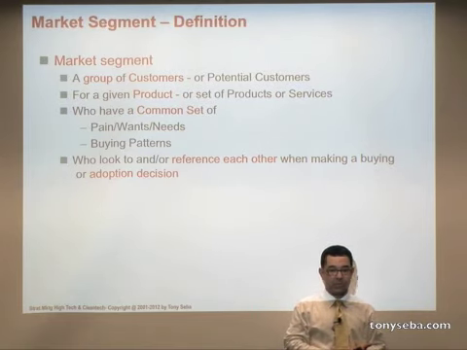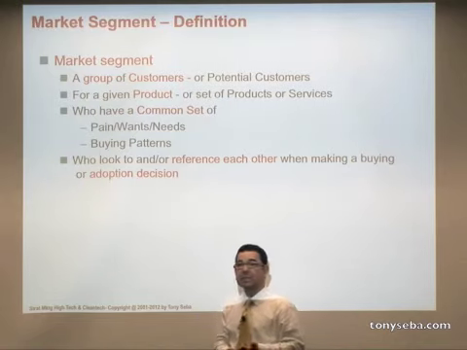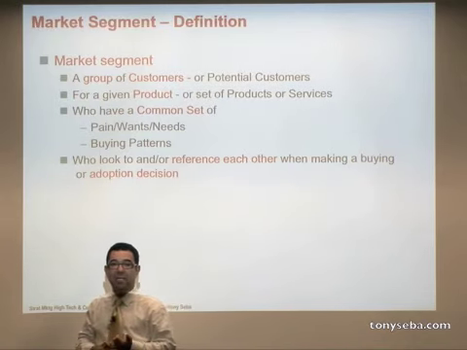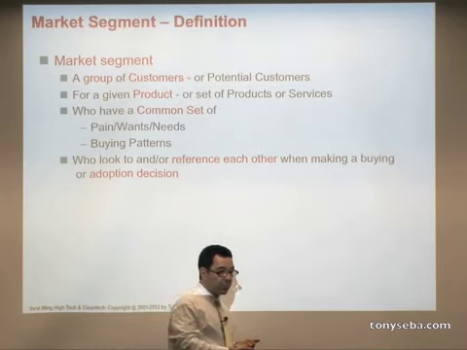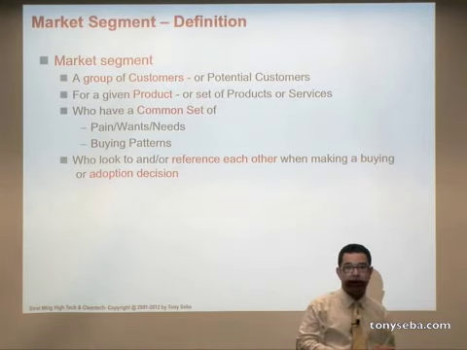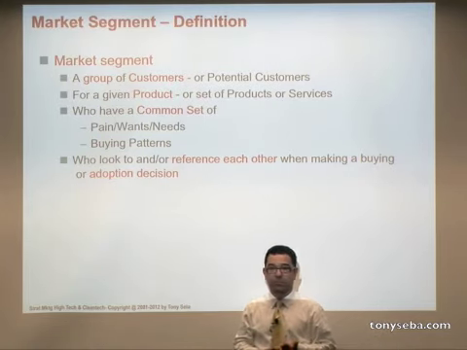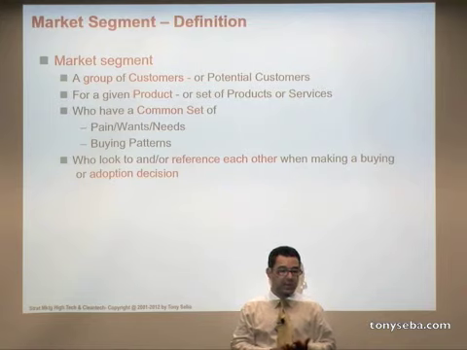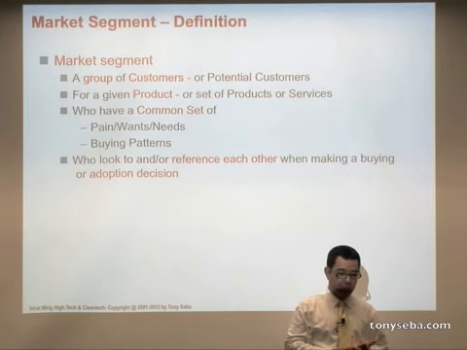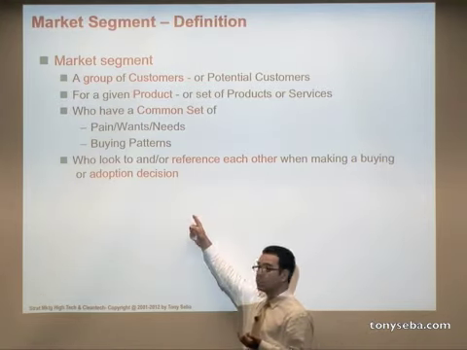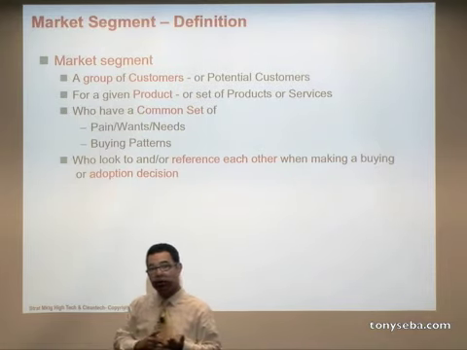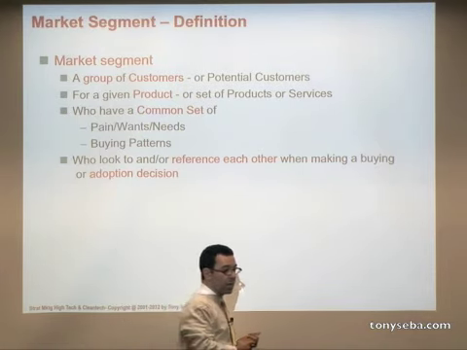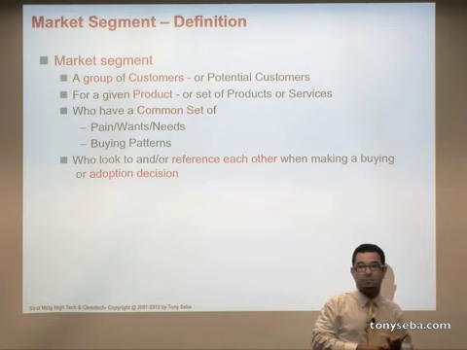Buying patterns is very important. And who look to each other for adoption decisions and for purchasing decisions. Okay? This is a market segment. Who look to, and this is important also, this last thing, they look to each other for adoption decisions. Okay?